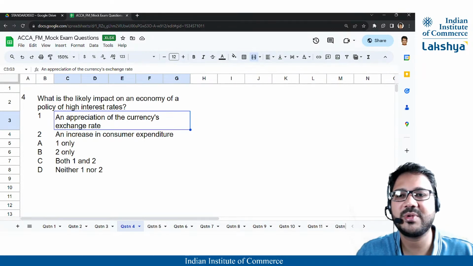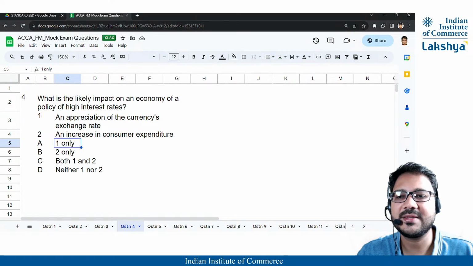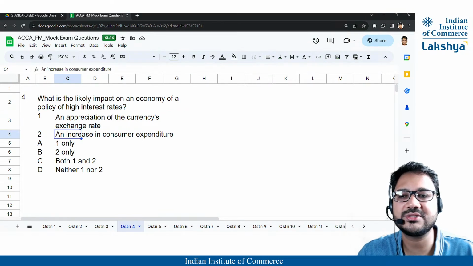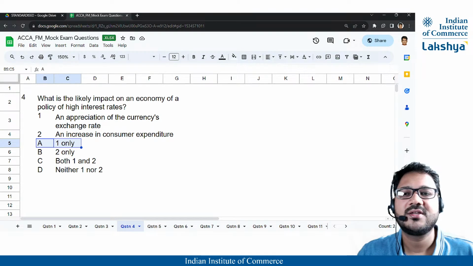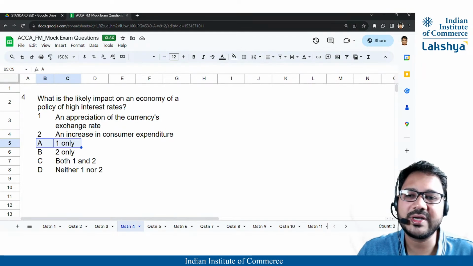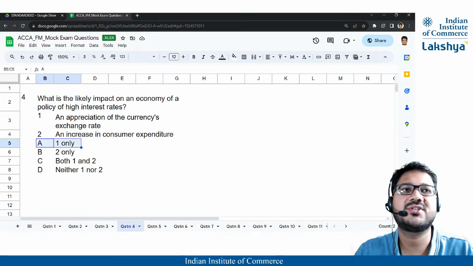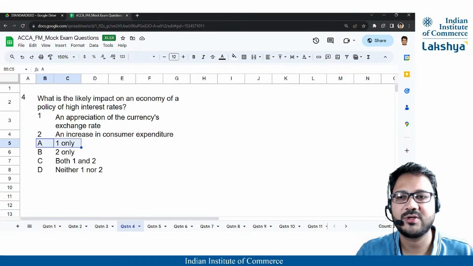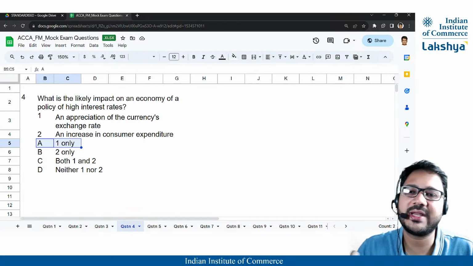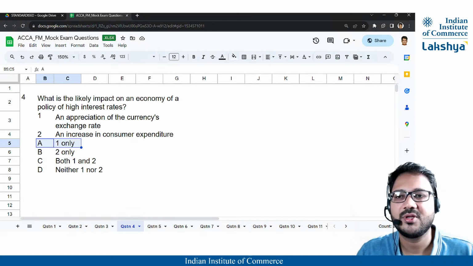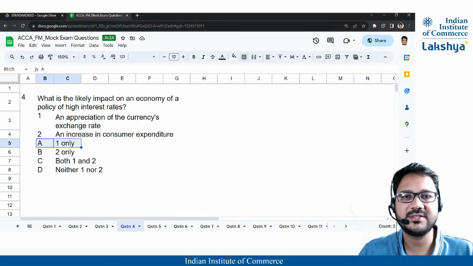All right, so statement 1 is the likely impact. Now, statement 2, an increase in consumer expenditure. Well, see, when interest rates are going up, when already there is inflation, as in prices are already high, to discourage it, interest rates go up. So this is not an impact of it, right? So the correct answer will be only statement 1, so A.